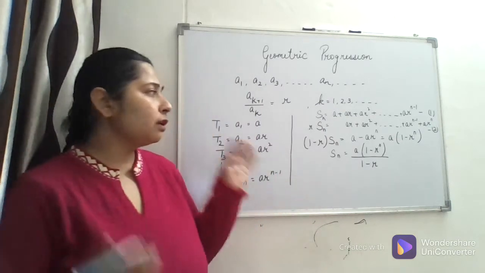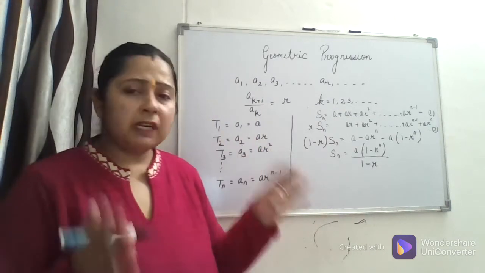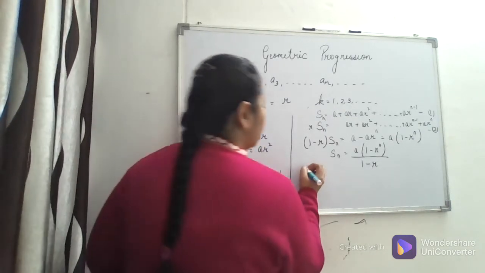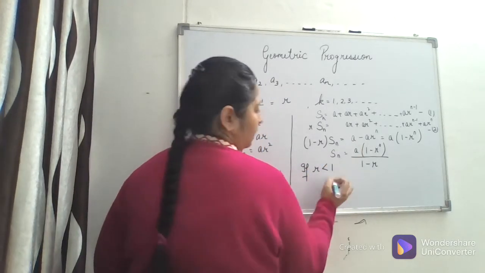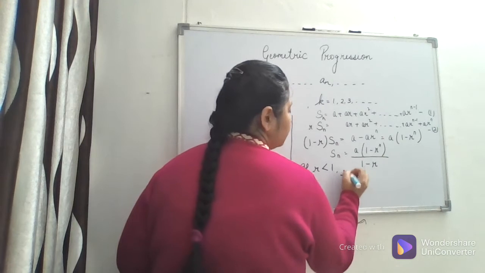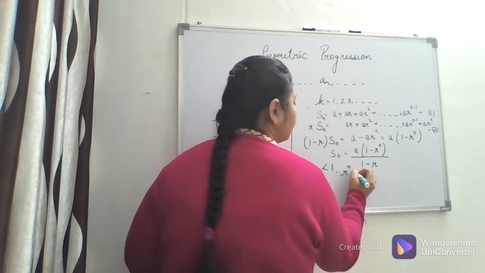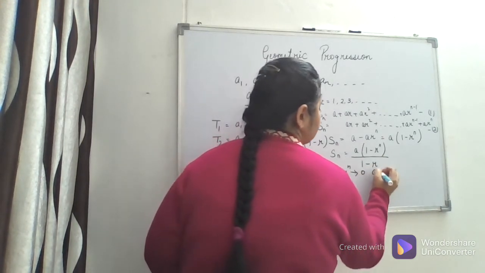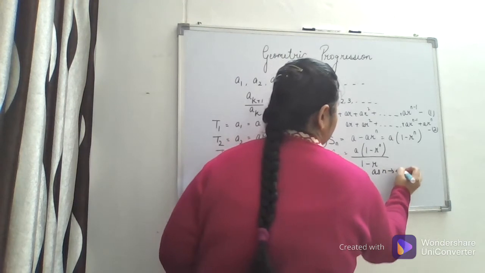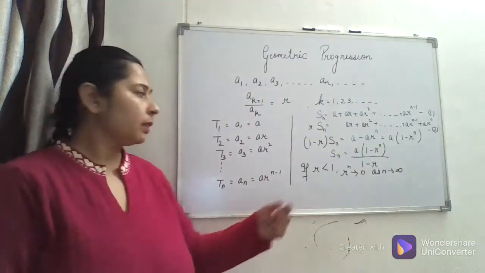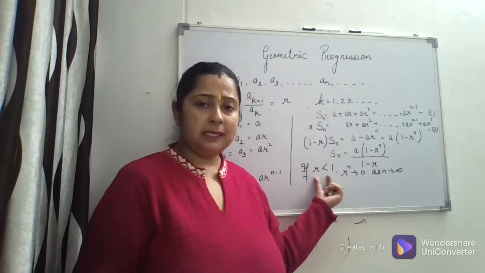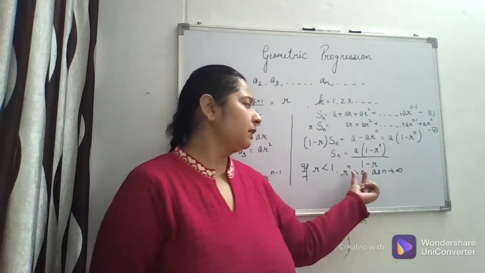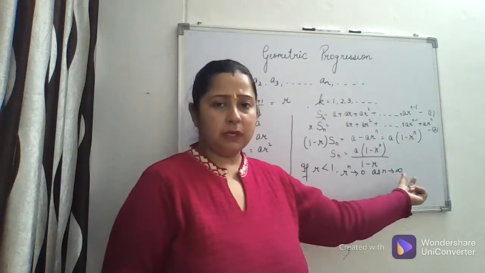Now in case your r is very small, if r is less than 1, this implies R^n will approach 0 as n approaches infinity.